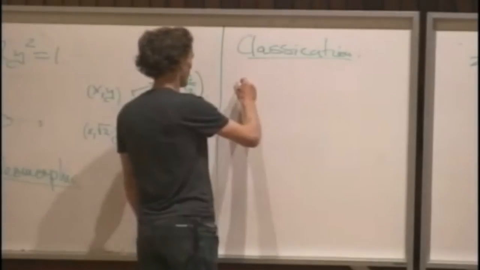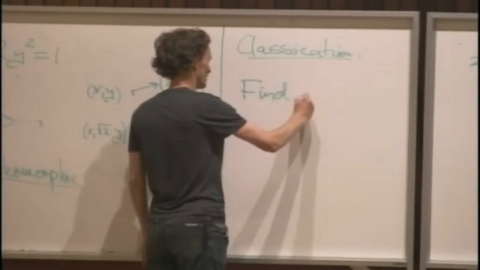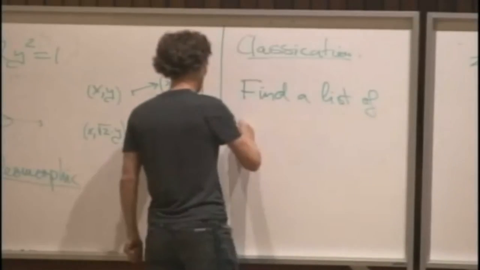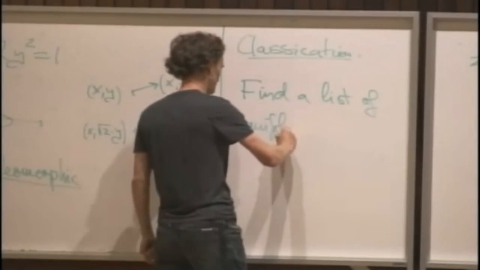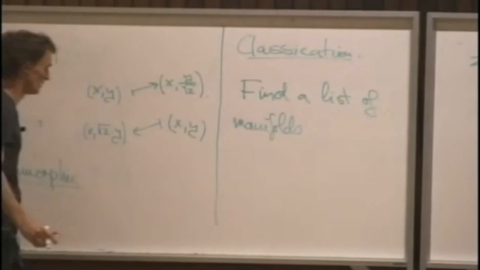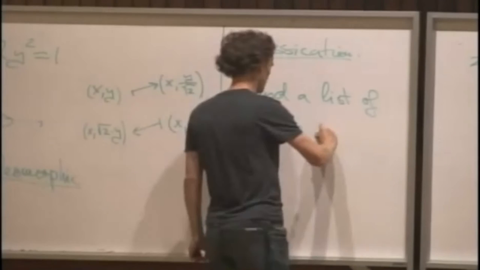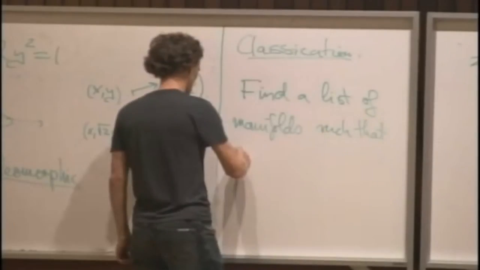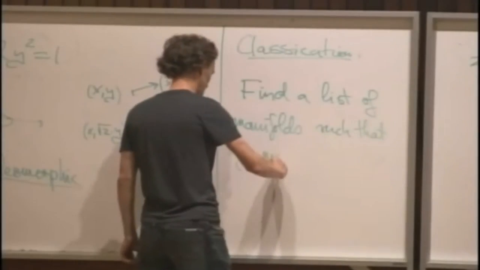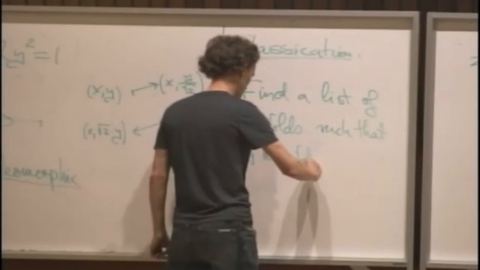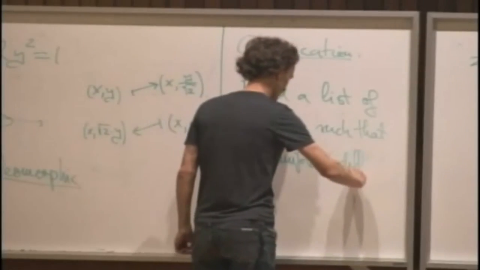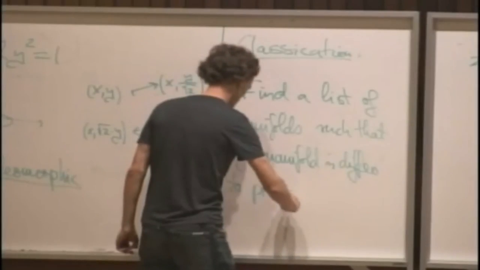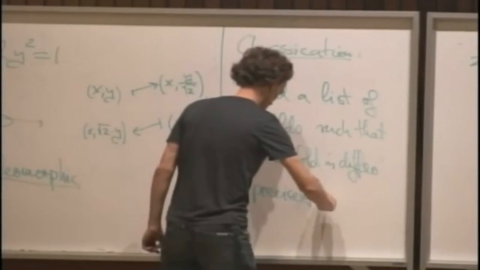So find a list of manifolds. So what's that? Any manifold is diffeomorphic to precisely one in the list.